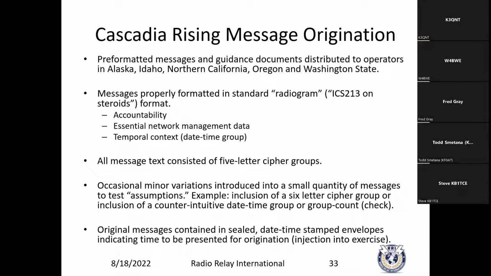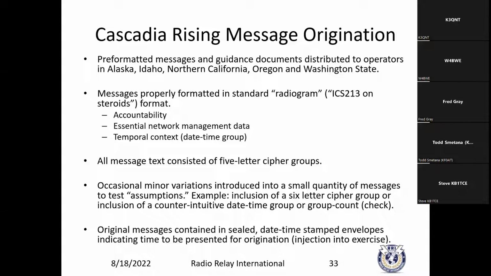For the purpose of this exercise, we ran into a lot of unfortunate and nasty politics in one of the areas. I won't mention the state, but we had a section emergency coordinator who really objected to the participation of NTS and refused to cooperate in any way with FEMA.